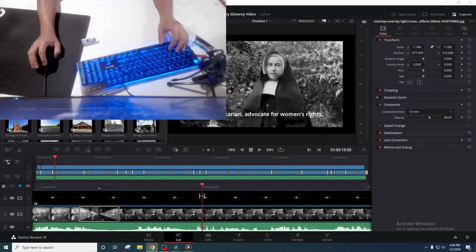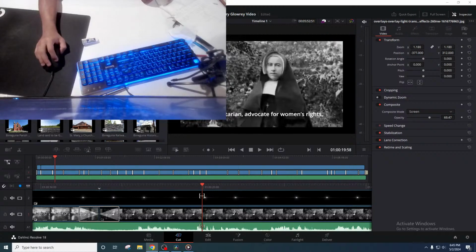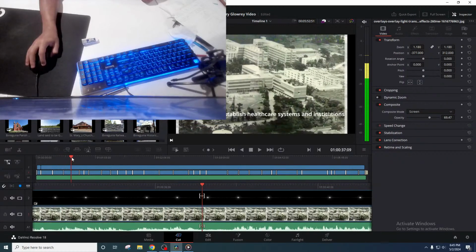That means we need to find the pictures. Okay, here are the pictures. Alright, what's the next picture?